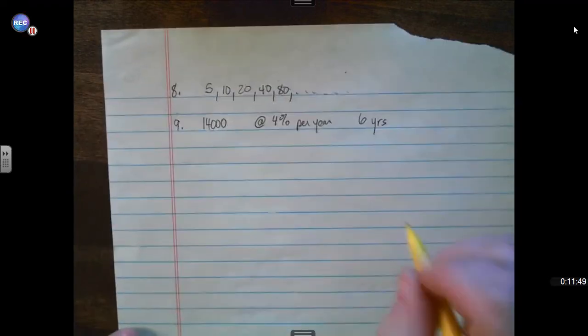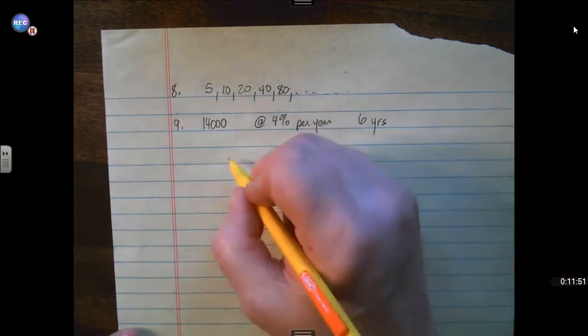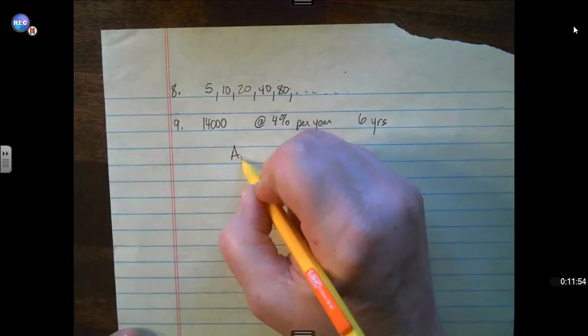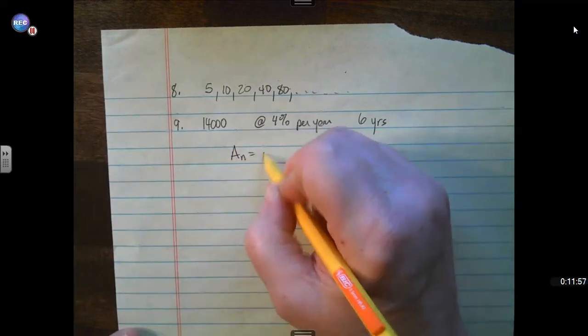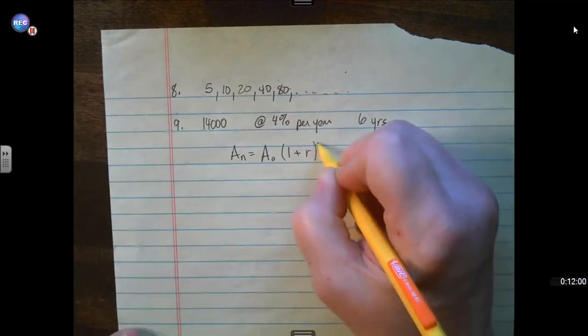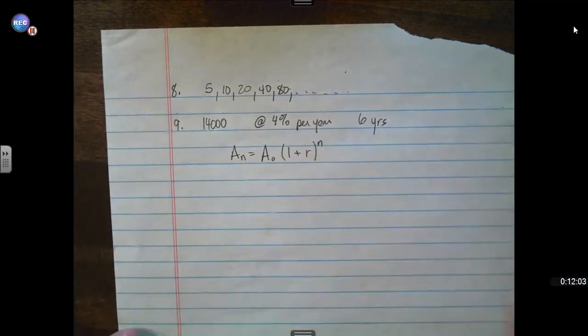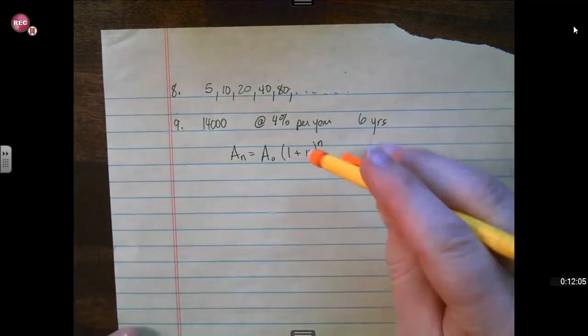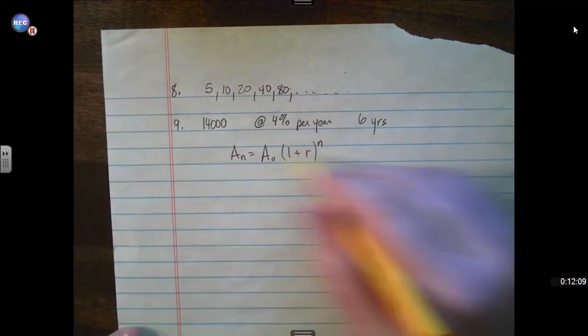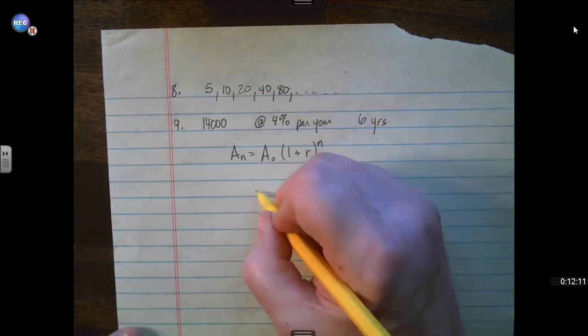So this is strictly just exponential growth. I'm going to plug that into A of n equals a sub 0 times 1 plus r to the n. I'm pretty sure those aren't the variables that are up on the board, but it's the same equation. So what am I starting with?